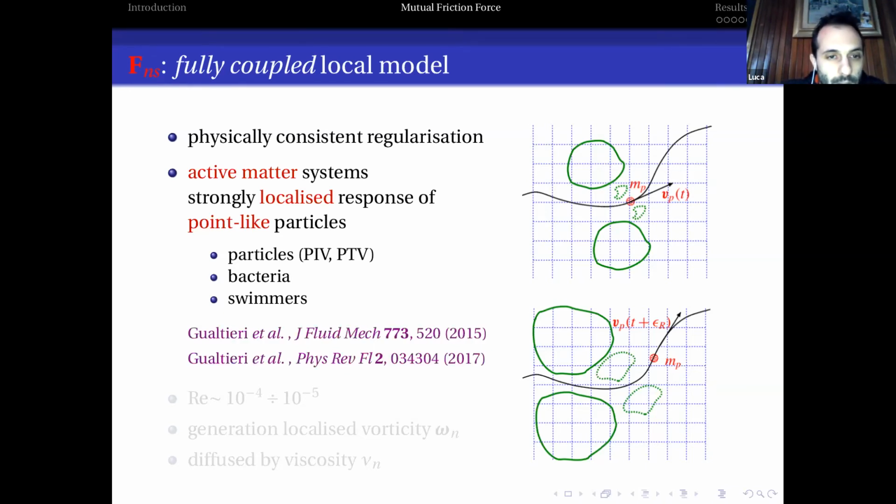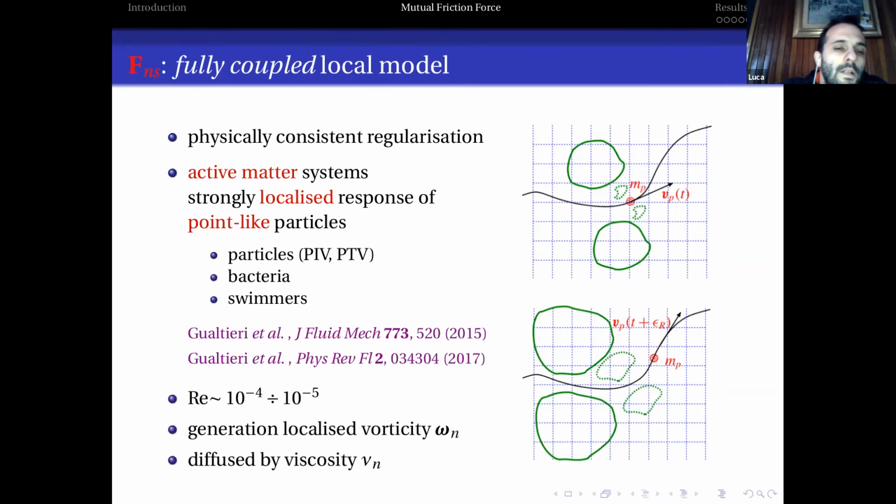This problem was tackled and solved in classical turbulence by Casciola's group at the University of Roma La Sapienza, and it is based on the following assumptions.